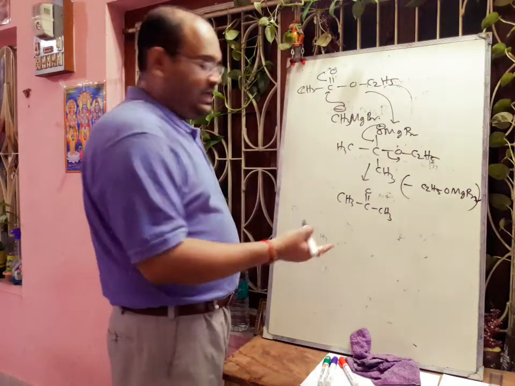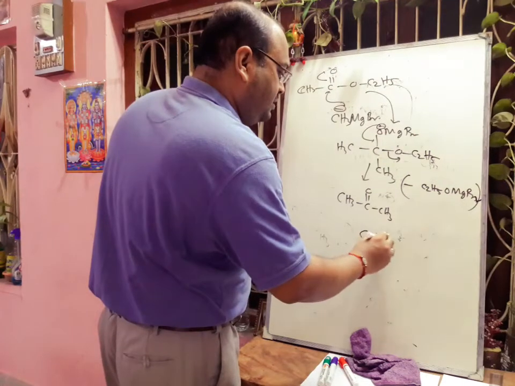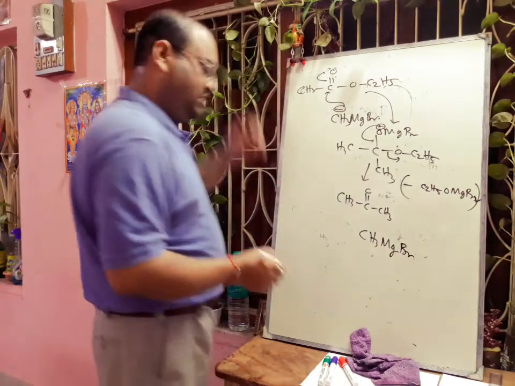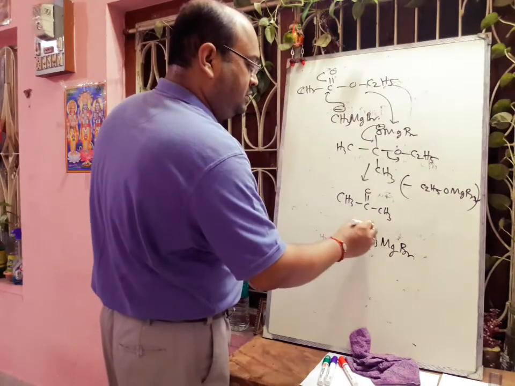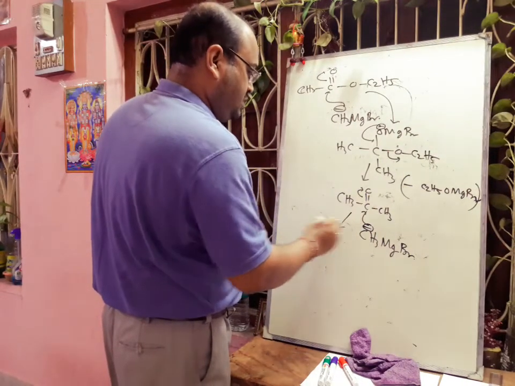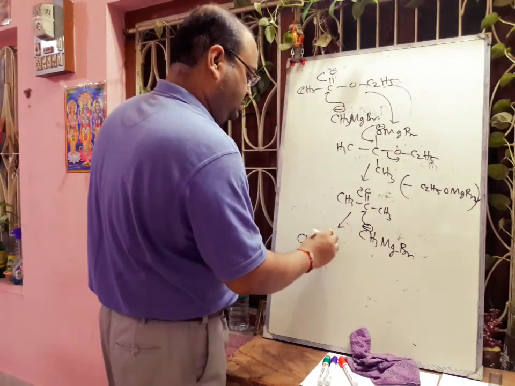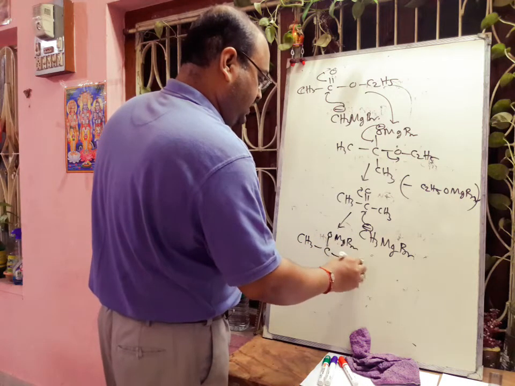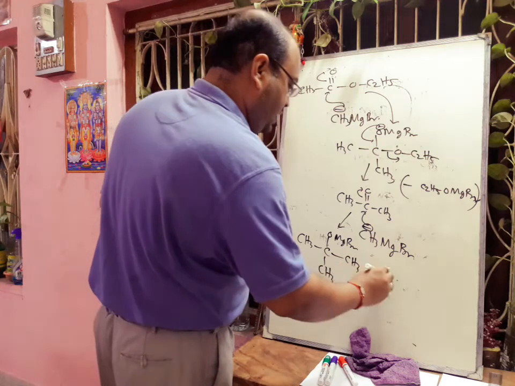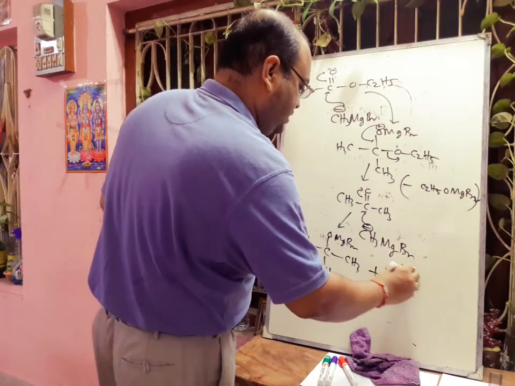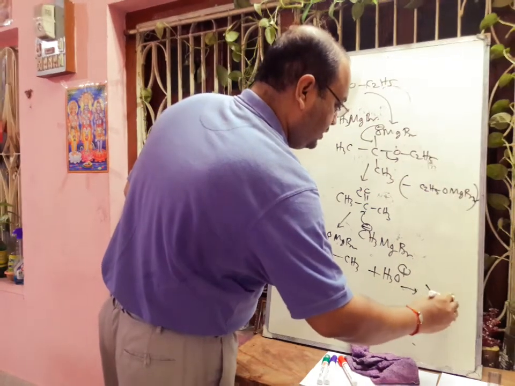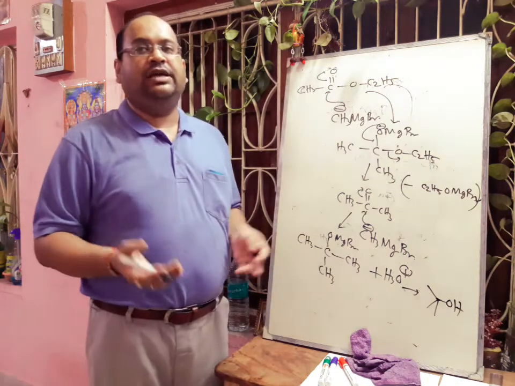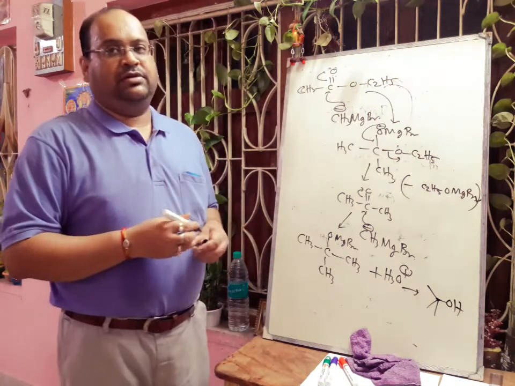And in the next step, another methyl magnesium bromide molecule will attack this acetone, giving CH3CH3C(OMgBr)CH3, and here if we add acid, finally we will get the corresponding tertiary alcohol. So in this way, from ester also we can prepare the tertiary alcohol.